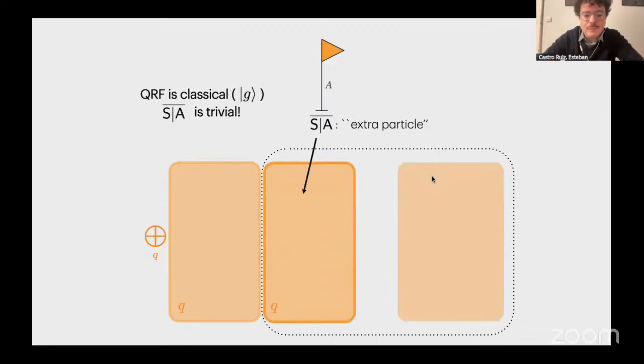But then we have to pay attention to this other piece of the Hilbert space. It turns out that this S relative to A bar that I described before is actually mapped to this right regular representation in this Hilbert space. And then the full invariant subalgebra is not this one, but this full thing. Once we jump to Alice's frame and look at this subsystem, this is what we call the extra particle.